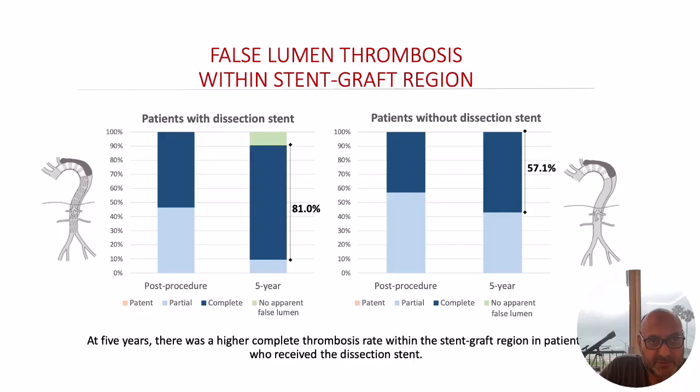And they're talking about patients without the stabilized technique. When you don't use a dissection stent on the left-hand side, only 57% of patients have complete thrombosis. So you see the difference. It's clearly a big difference.